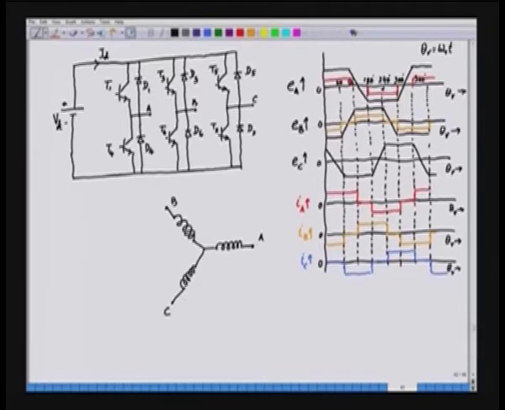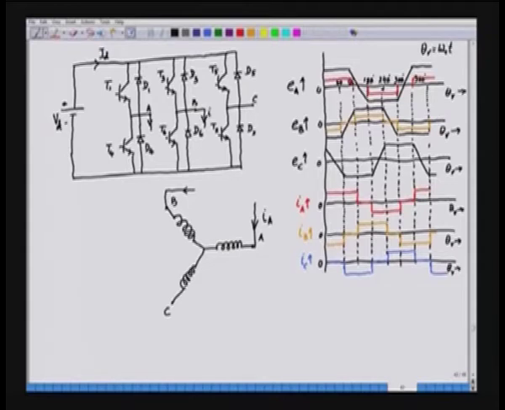So, this is A, this is B, and this is C, and these are connected to the respective outputs of the inverter. And the current which is injected into the phase A is coming from phase A of the inverter. So, this current is flowing here, this is called IA, or the phase A current that we have plotted in this case. And similarly, the current which is coming to phase B is actually coming from the inverter.